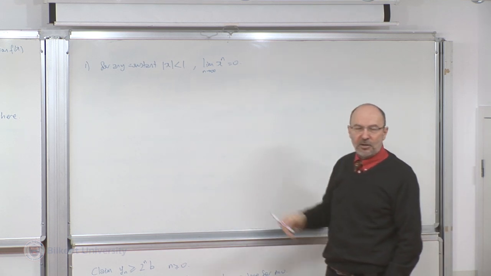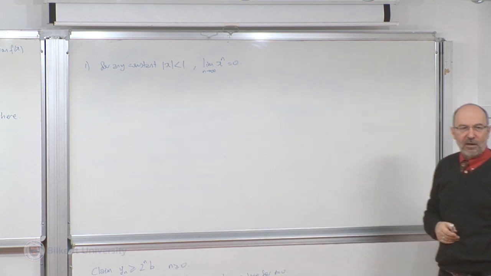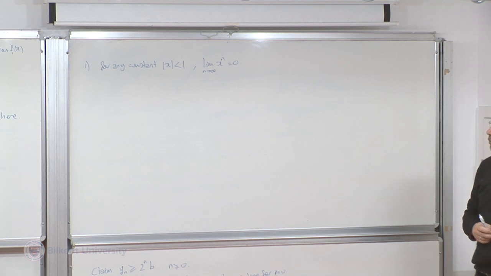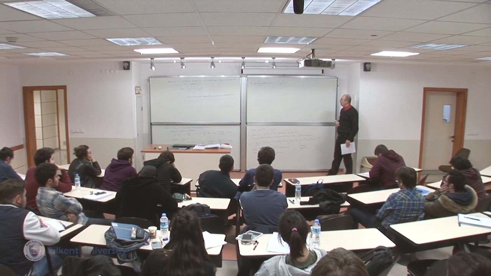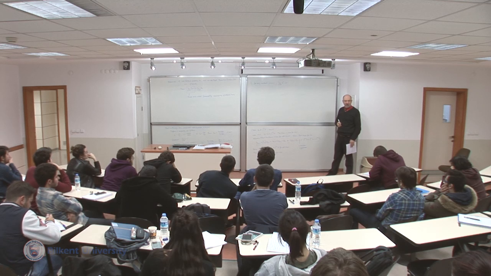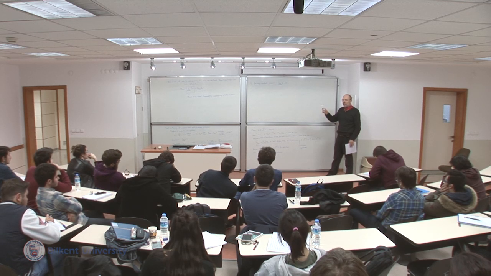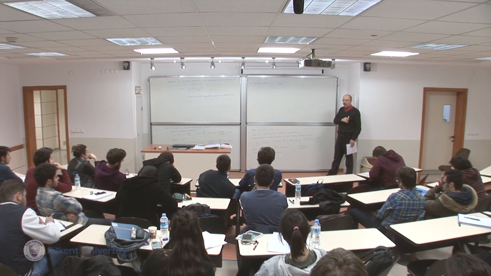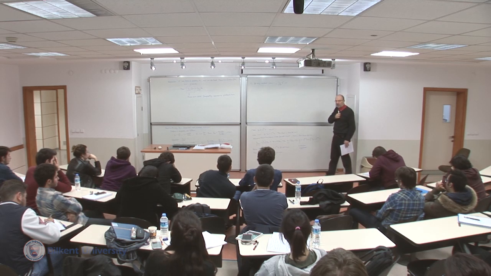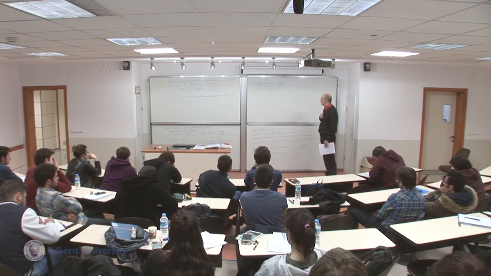If x is positive and larger than 1, it goes to infinity. If it is negative and its absolute value is larger than 1, then its absolute value goes to infinity. So one subsequence goes to plus infinity, the other subsequence goes to minus infinity.